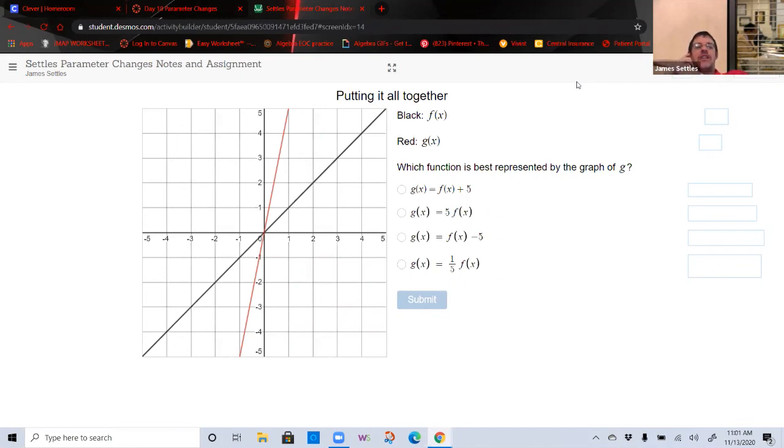And so that is way more steep than the parent function. So I would expect that the number would be bigger. I don't want to use the word bigger. It would be more than 1 because it's more steep. And so which of these has a slope that is more than 1? It should be that second option right there.